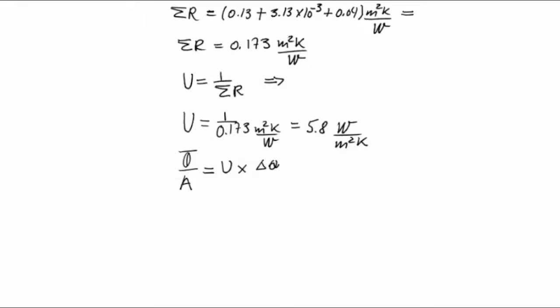So capital Phi divided by A is 5.8 watts over square meter times Kelvin times the difference in temperature, and that is 32, and the unit is Kelvin. So what we get is 185.6 watts per square meter.